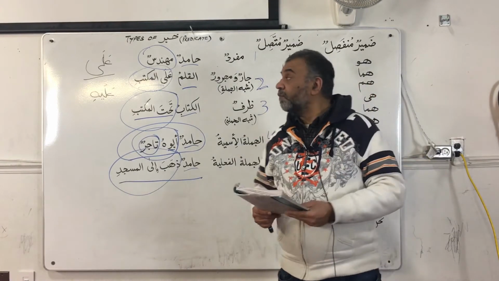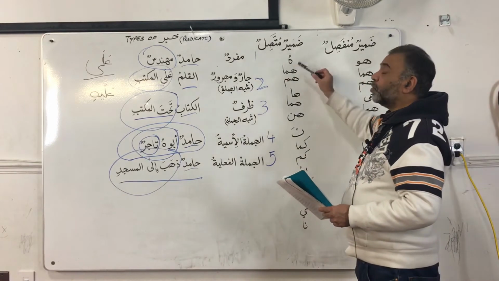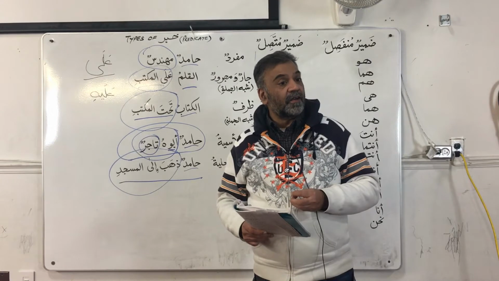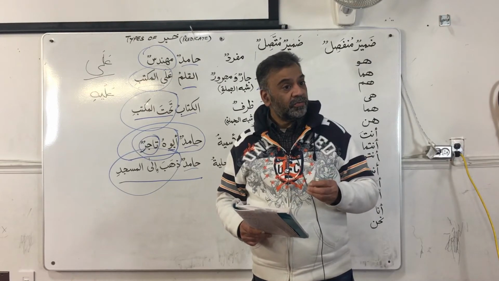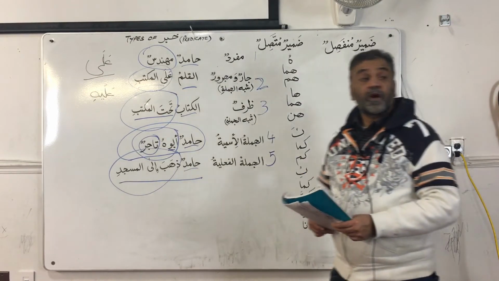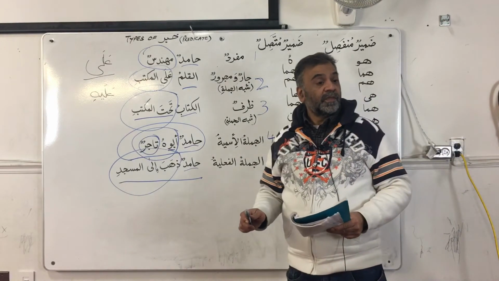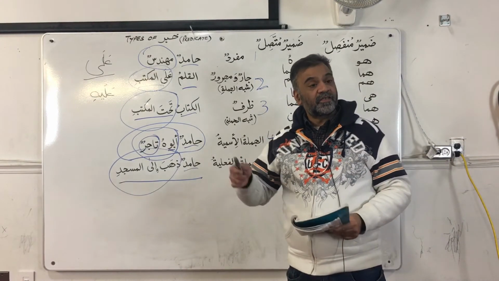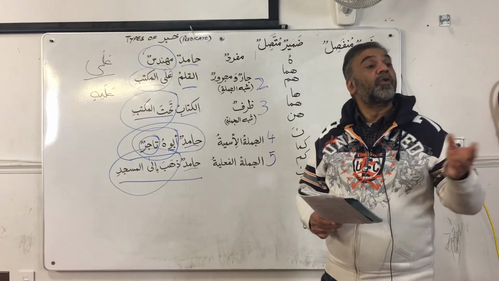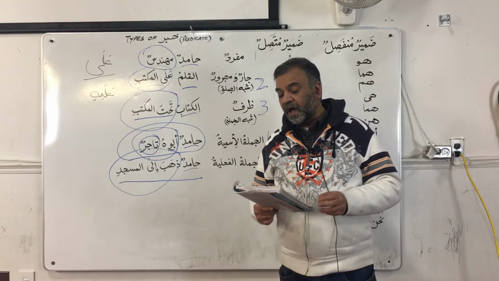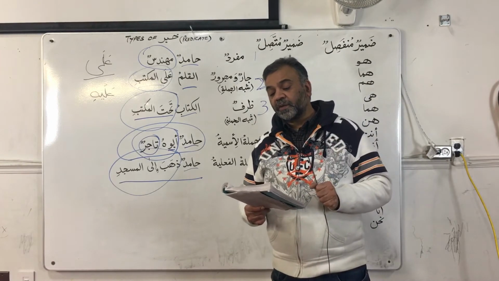So, here we would use the damir muttasil hu, his son. Waw is coming as a harf ataf, ibnu mubtada, and hu is mudaf alayh, ibnuhu, his son. What about it? Muhandisun, an engineer.